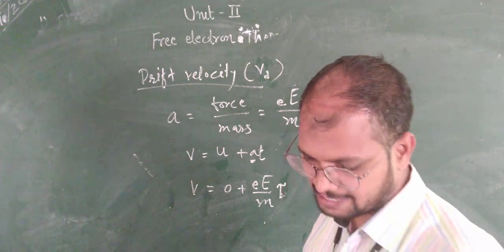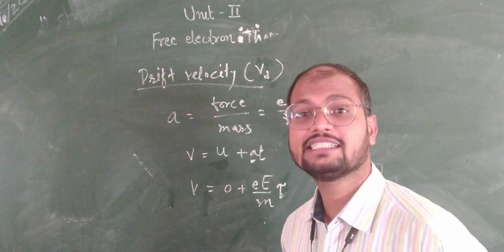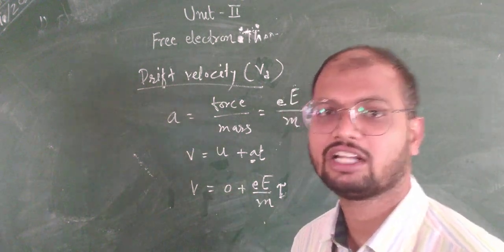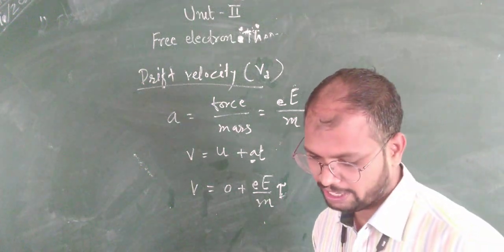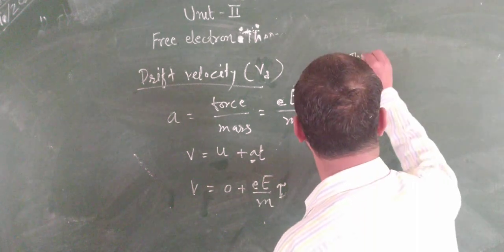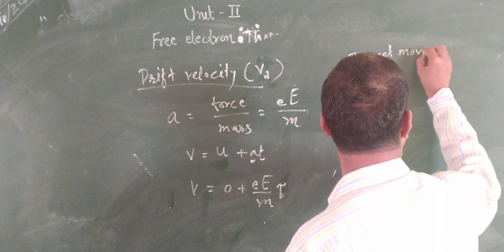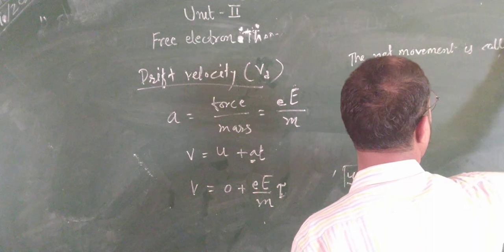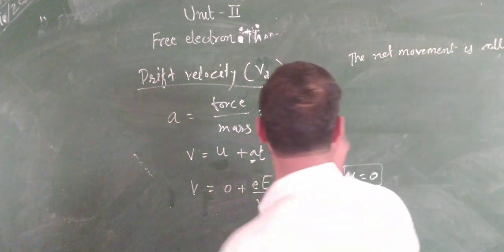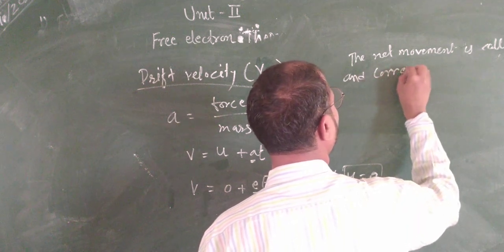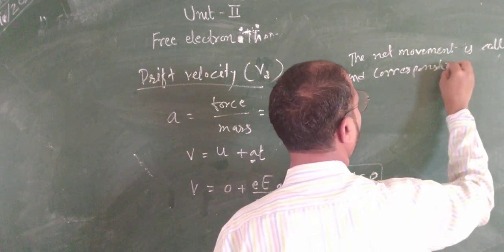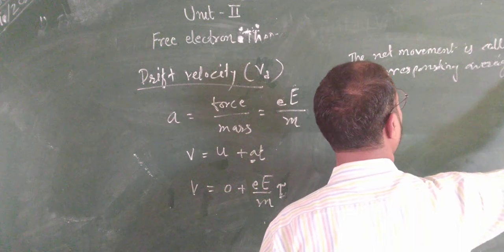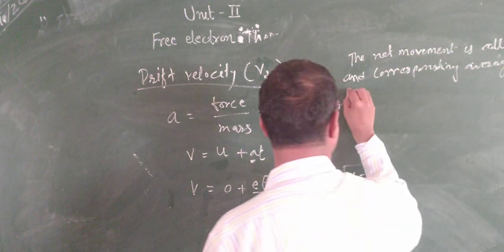The net movement is called drift, and the corresponding average velocity is called drift velocity.